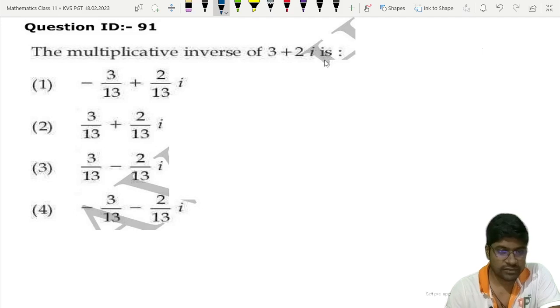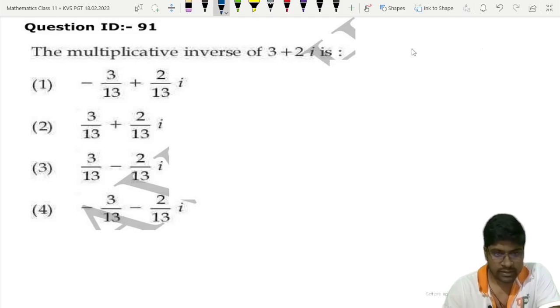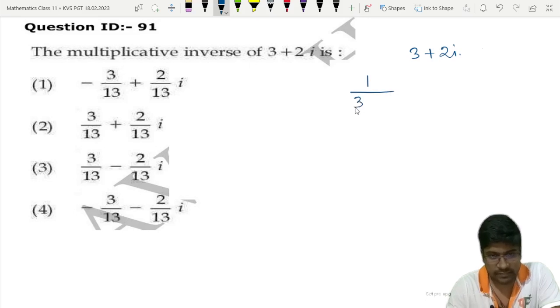This question is from the chapter complex numbers. So the given complex number is 3 plus 2i, and we have to find the multiplicative inverse, that is nothing but 1 divided by 3 plus 2i. Now we have to write this number in the form a plus ib, because the options are given in that form.